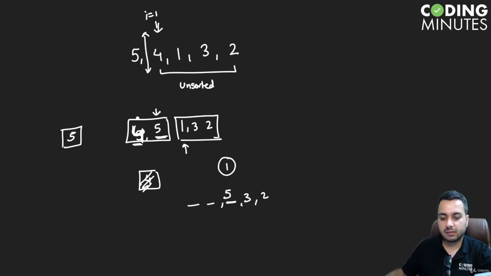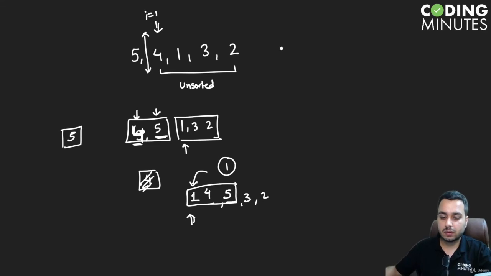We go back and check: is 4 greater than 1? The answer is yes, so 4 also moves one step ahead, and finally we end up at this position. We have moved 5, we have moved 4, and this position is empty, and here we insert 1. This is how we get three elements which are now sorted.